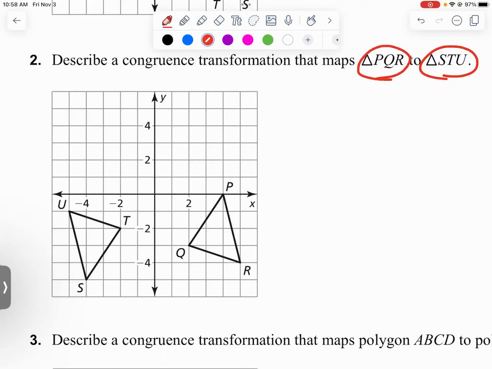It would be stuck to the x-axis. You want it away from the axis.